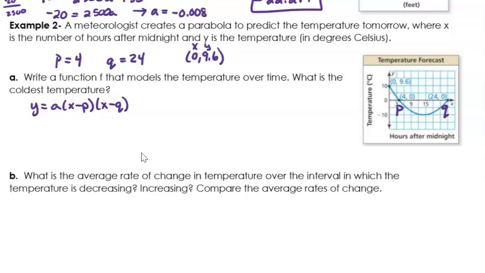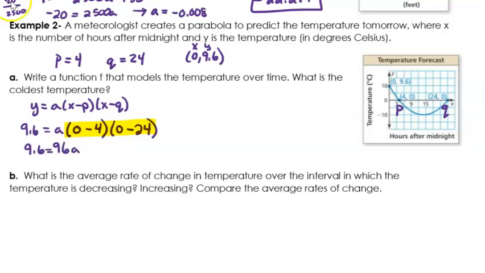Okay, so we're going to plug everything in. So y is 9.6. We don't know a. x is 0 minus p is 4. x is 0 minus q is 24. All right, so we get 9.6. I can go ahead and do all of this in my calculator or in my head because all of that is multiplying. So it'll make a negative 4 times negative 24, which is 96a.